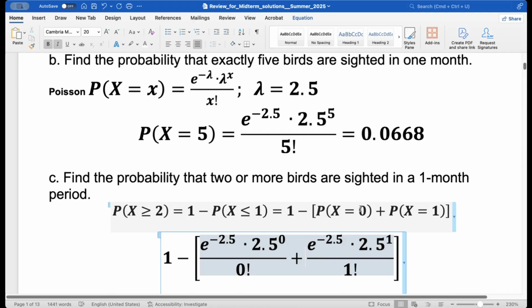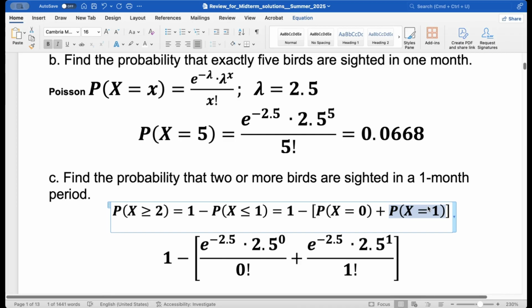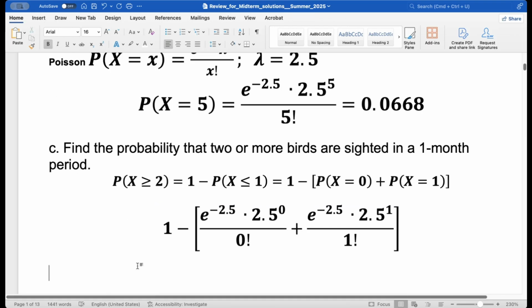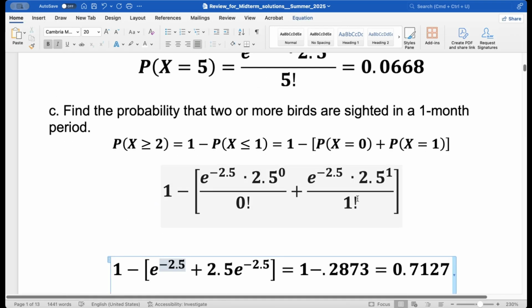So the probability that x is 0 is e to the minus 2.5 times 2.5 to the 0 over 0 factorial plus e to the minus 2.5 times 2.5 to the first over 1 factorial for the case of exactly 1. 0 factorial is 1, 2.5 to the 0 is 1, so the first term is just e to the minus 2.5. 1 factorial is 1, so the second term is 2.5 e to the minus 2.5.